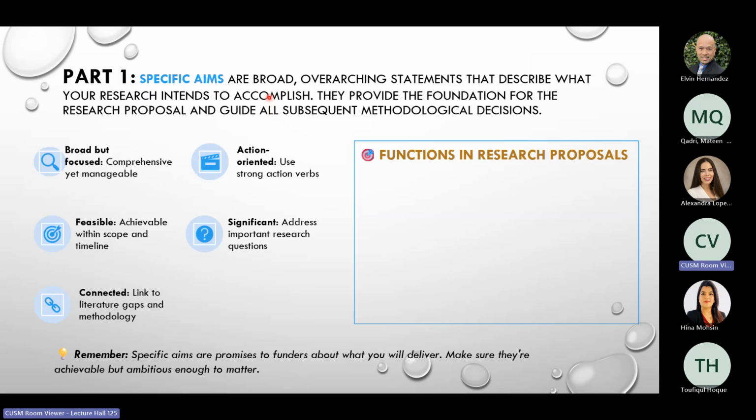We'll just jump right in, part one, as part of our two-part discussion. In terms of specific aims, these particular statements really are driven by what our research question is. And as you recall, our first session of our workshop series for research skills development was about the research question. It's in determining what our research question is that will determine where we're going to push and what direction our research project will go.